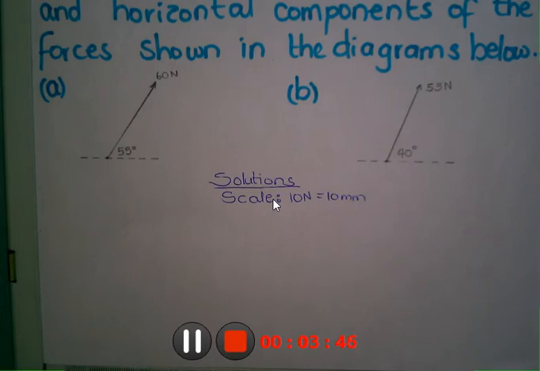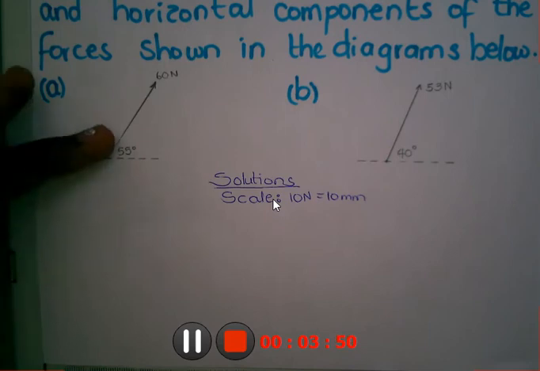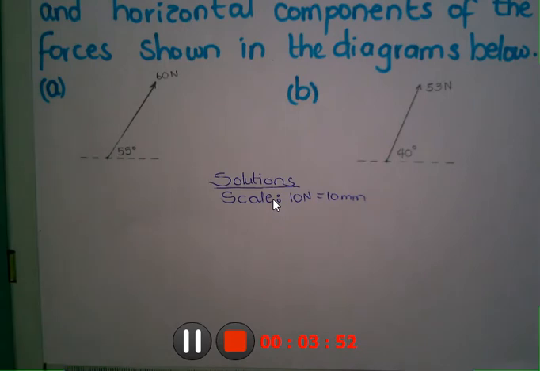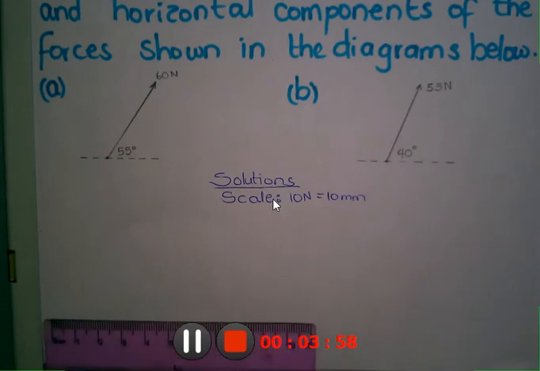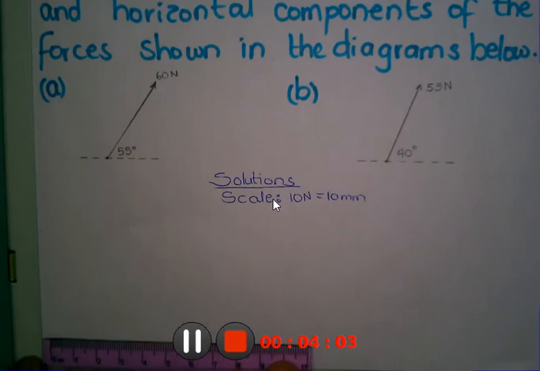Now, we are going to start by measuring our angle so that we are able to draw our 60 Newton force. You can also start with a dotted line that will guide you. If you are drawing in your book that already has a line, you don't need to make a dotted line.